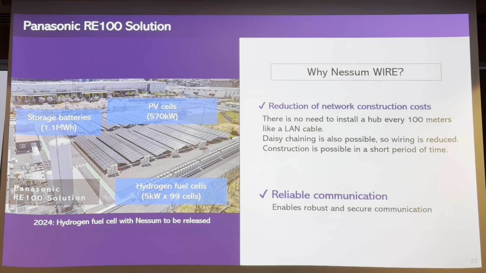In this case, 99 hydrogen fuel cells are used, but when these are wired by Ethernet, a large number of Ethernet cables and network switches are required, which causes a problem that the network construction cost is high. That's why we use Nessum WIRE to reduce the cost.